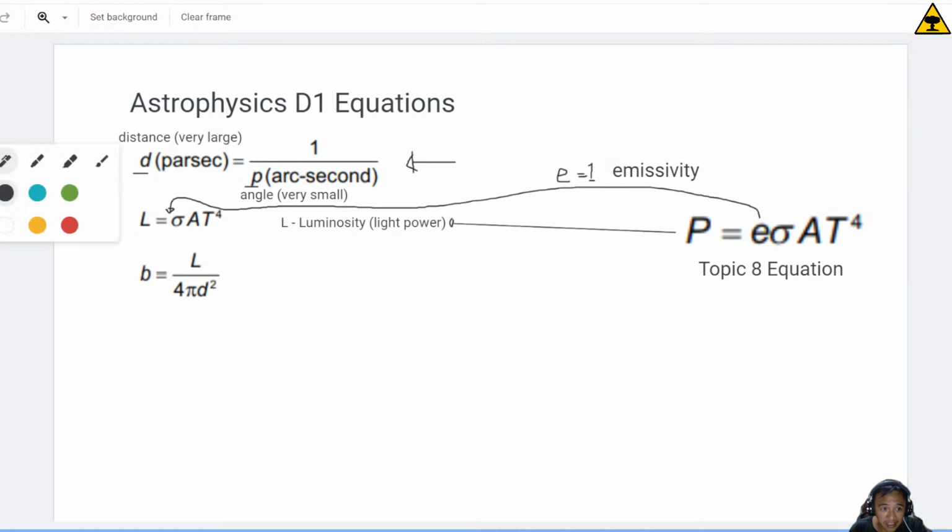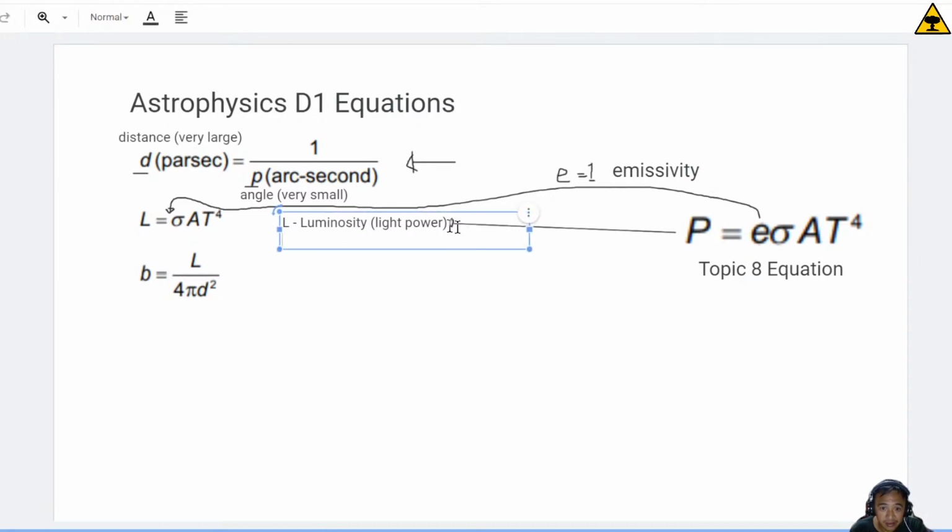The A here stands for area. Okay, I think I'll just put it here like this. So A is area. Specifically, this is the area of the sphere that the star is at the center of.